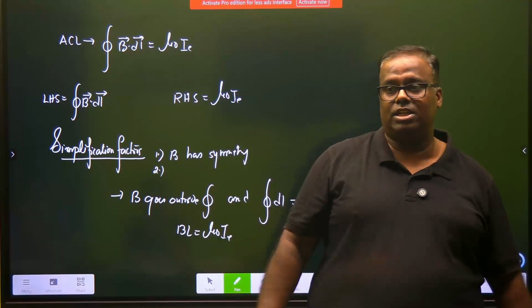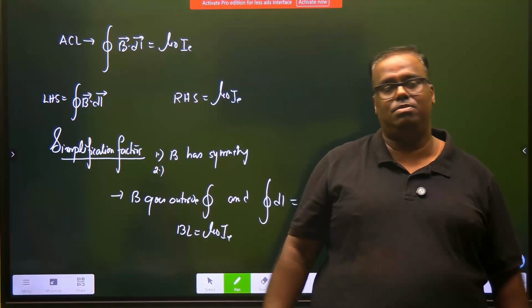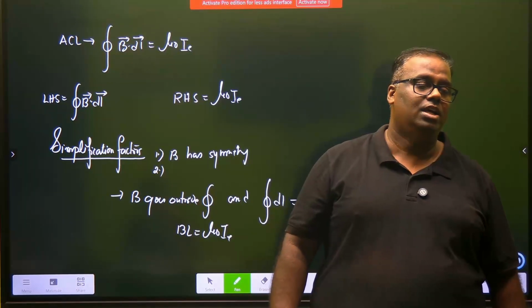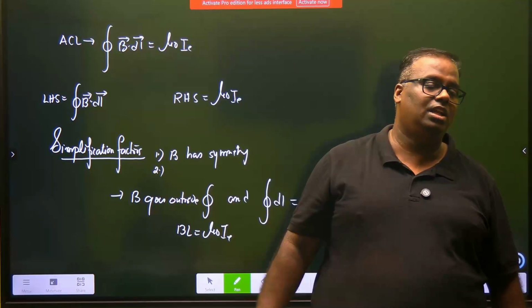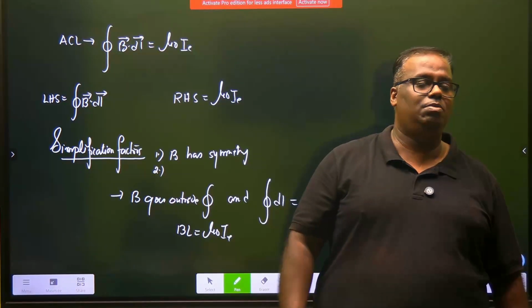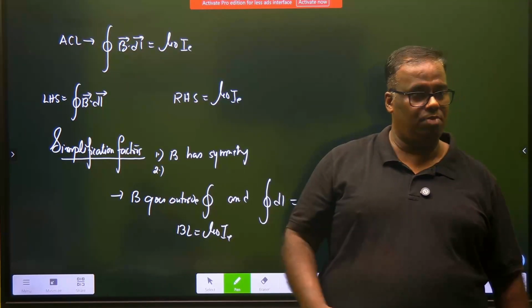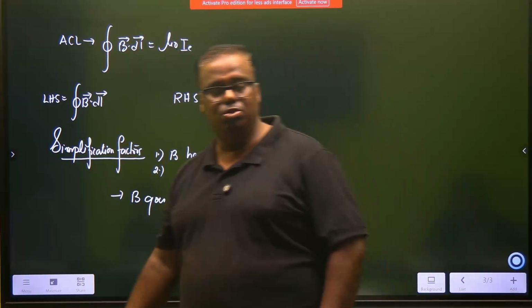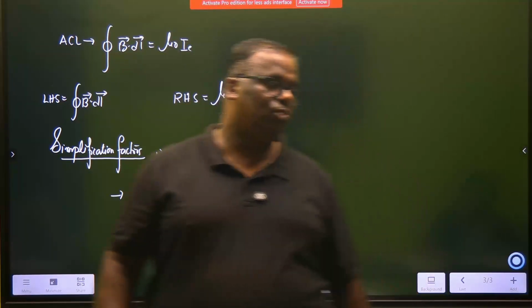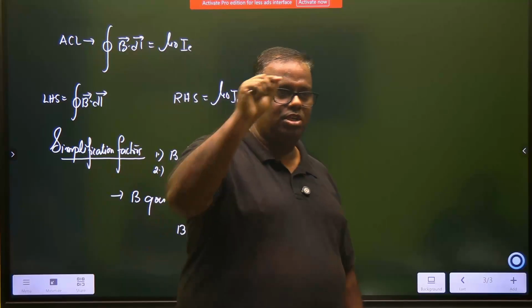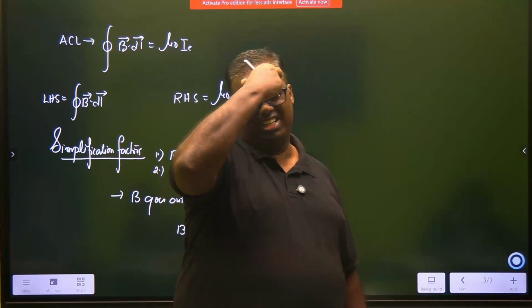The calculation becomes easy, leaving you only to calculate the line integral of dL, which will be equal to L depending on what shape you took, and the other side is equal to mu naught I enclosed. On the left hand side, we add up each contribution, so we integrate. On the right hand side, it is mu naught I enclosed.